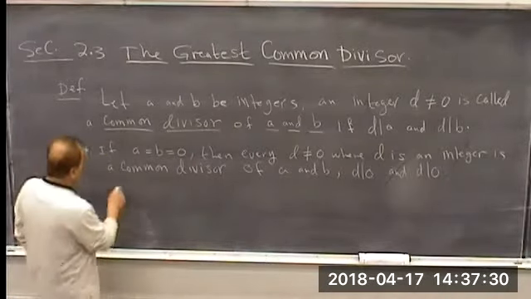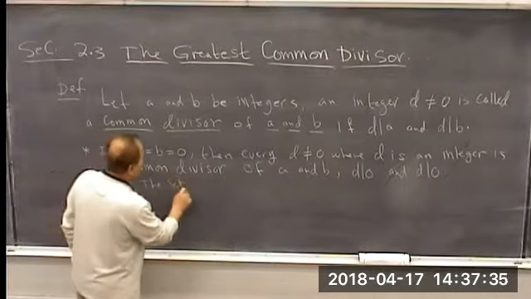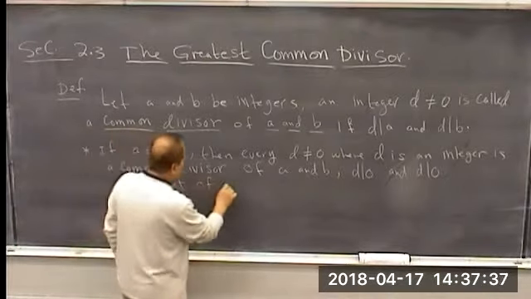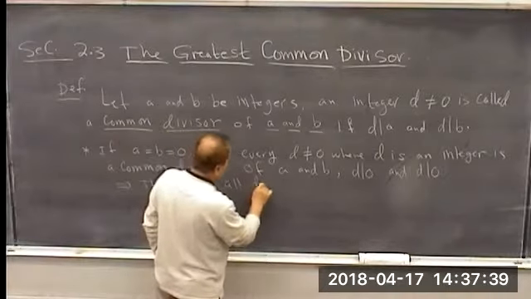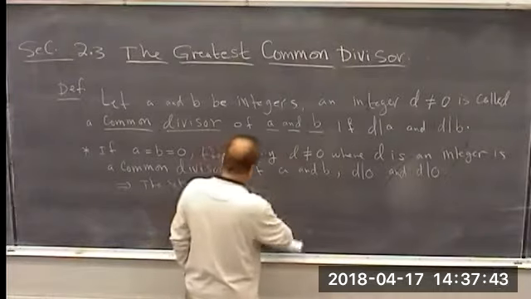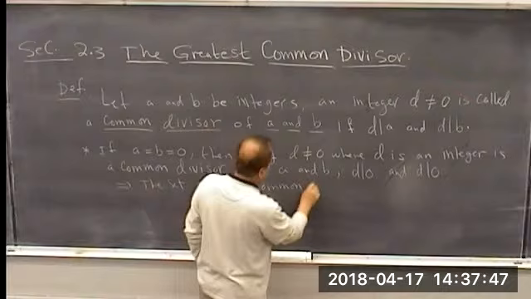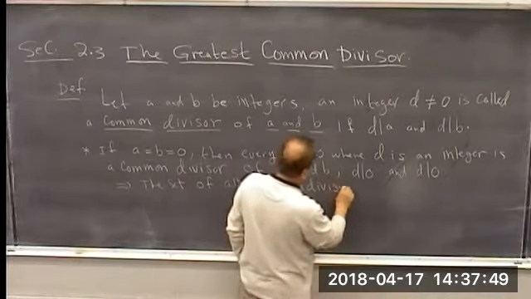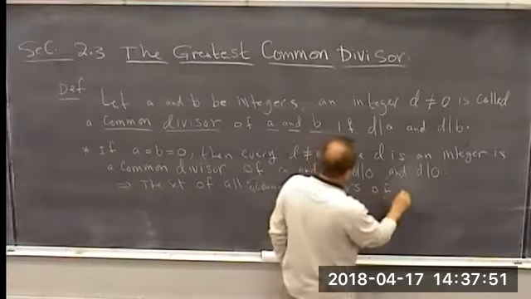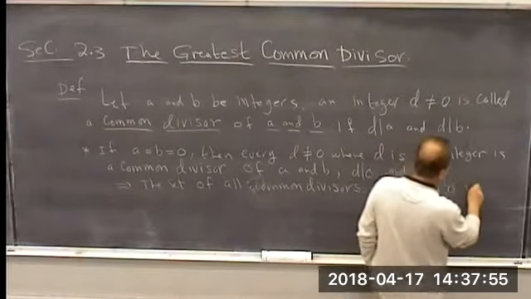So in other words, this implies that the set of all divisors, or common divisors, of 0 and 0 is infinite.